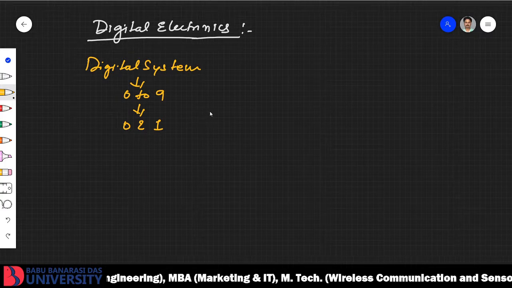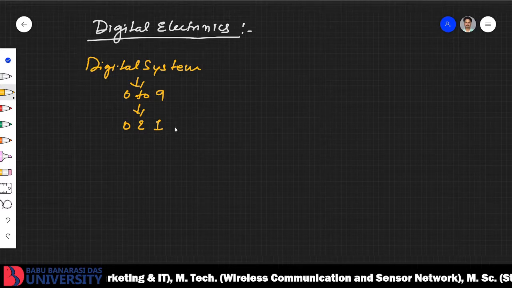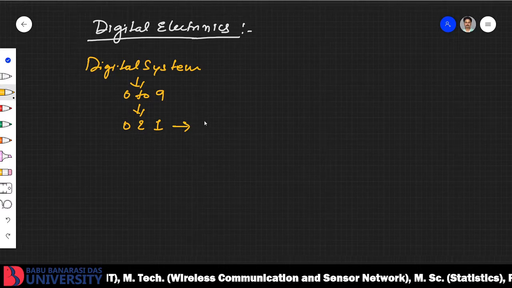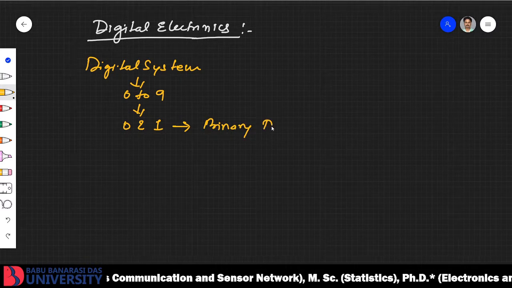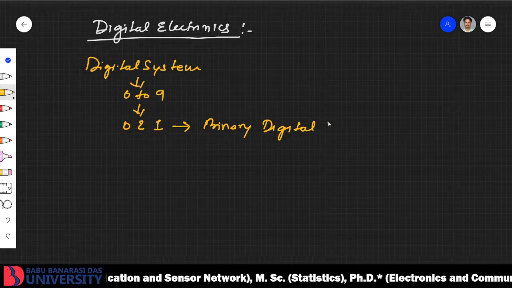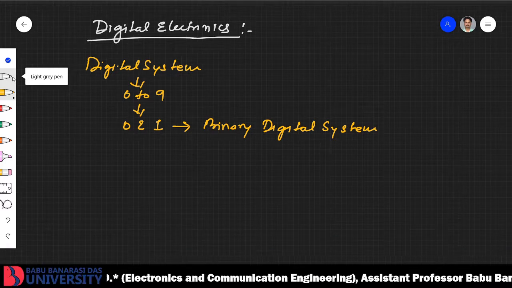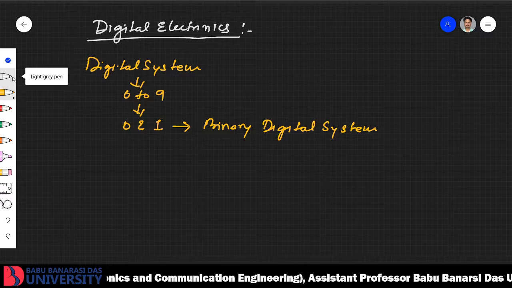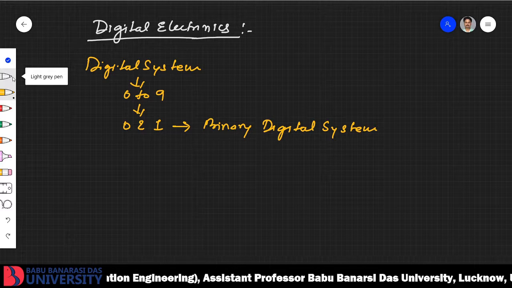When we have a digital system with only two signals, this system is known as the binary digital system. Okay. When we say binary digital system, a real world problem, which is in English, first of all needs to be converted into binary, so that with the help of the binary digital system we can do these things.